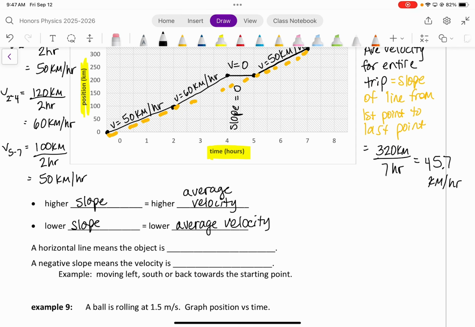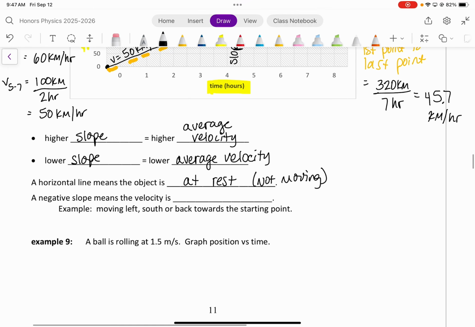A horizontal line means that the object is at rest or not moving. And if we had had a negative slope, it means that it is moving backwards or in the negative direction.